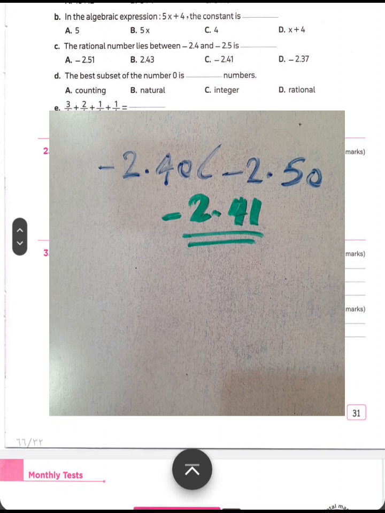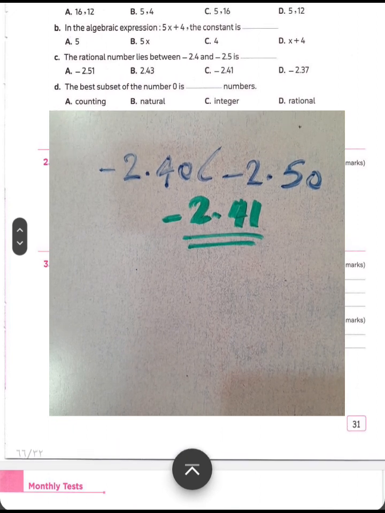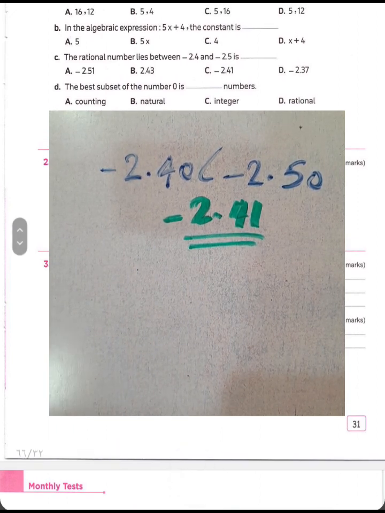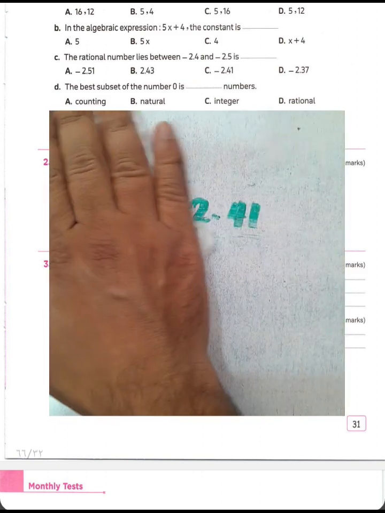Question letter D. The base subset of the number 0 is, we know 0 is a subset of natural numbers. Natural numbers begin with 0 and then 1, 2, 3, 4 and so on.